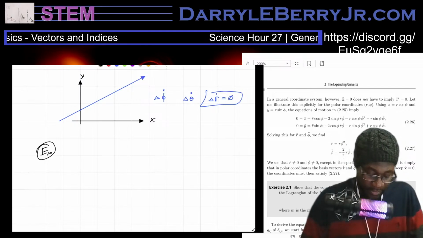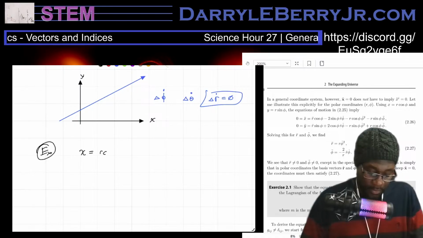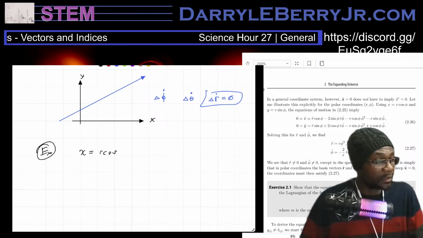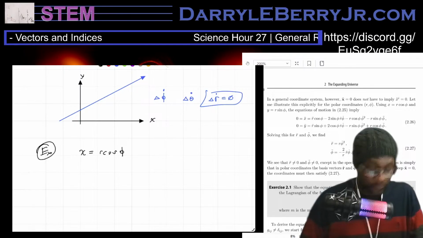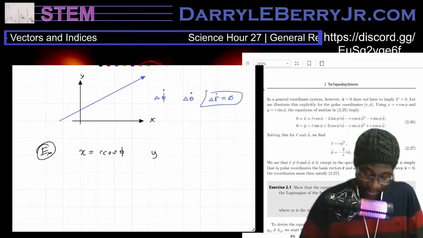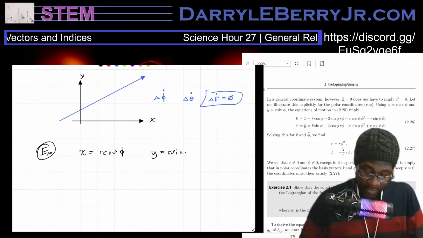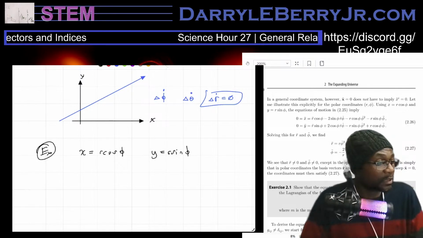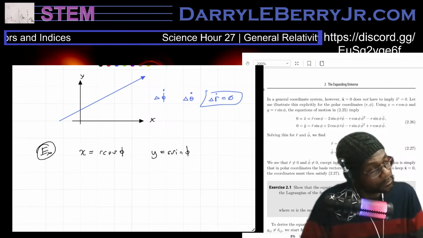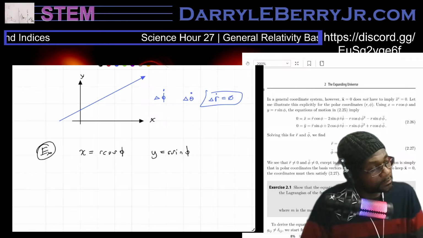Using x equals r cosine phi and y equals r sine phi, the equations of motion in 2.25 imply something interesting.